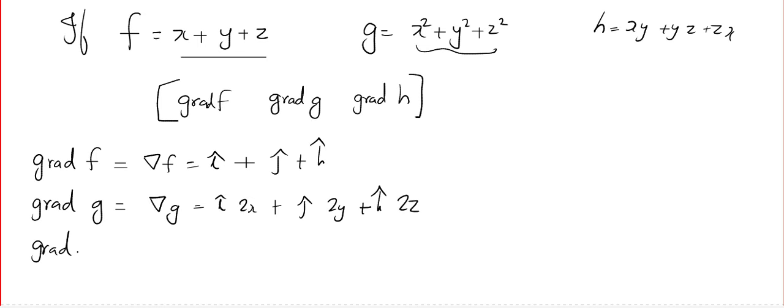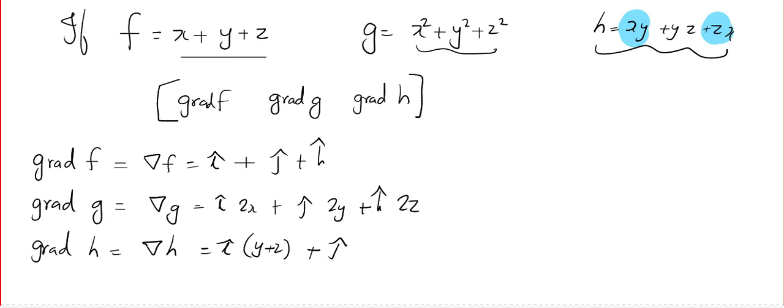And gradient of h, del h, be careful with the differentiation. When you differentiate with respect to x, you have to understand x is here and here. So we end up with i times y plus z plus j times z plus x plus k times x plus y.